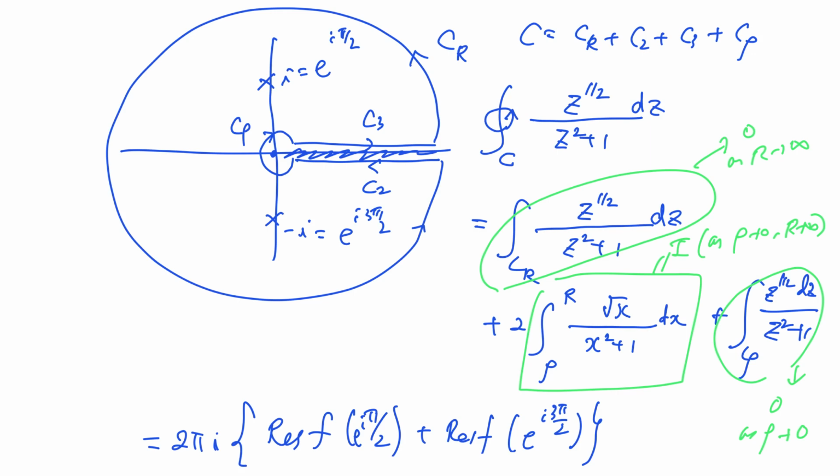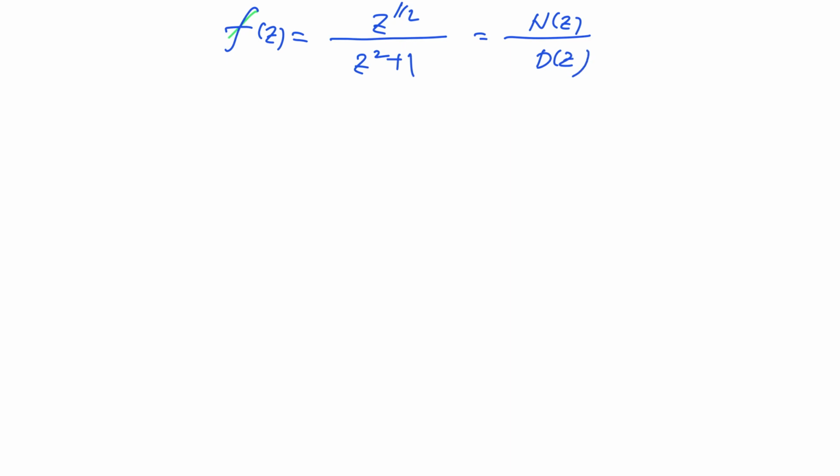So we have z to the 1/2 over z squared plus 1, this is dz, right? So the residue of f at e to the i pi over 2 is actually twice e to the i pi over 2, right?